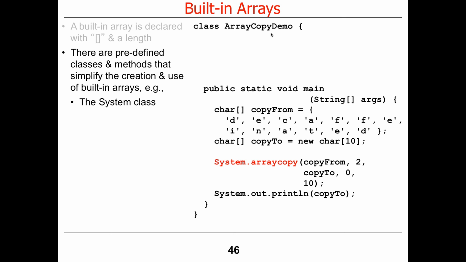And then we're going to create a copy of this thing. And then we're going to use the System.arraycopy method to copy from this array and stick it into this array. So we're going to start at location 2, which is right here, and copy to location 0 here. And we're going to copy 10 characters, which will change decaffeinated to caffeinate, just for fun. So that would be one way to do things.